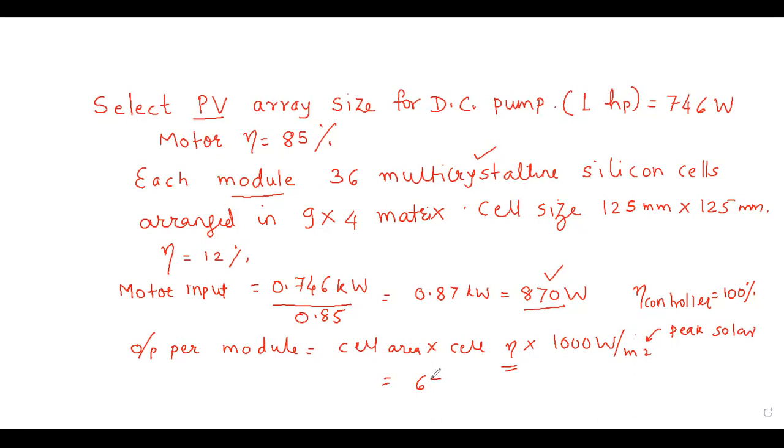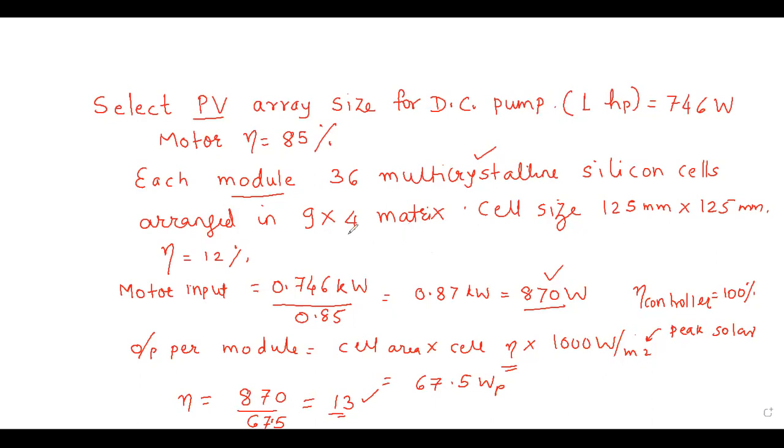Then the number of modules is 870 watt upon 67.5. This is all watt peak, and this is approximately 30. So this way we have calculated the number of modules required.